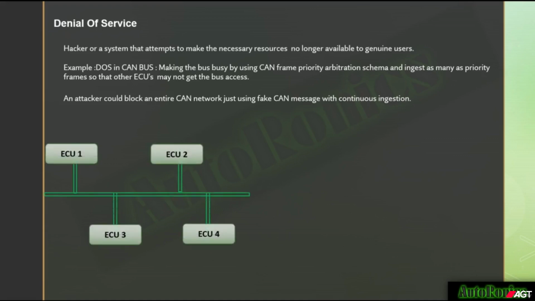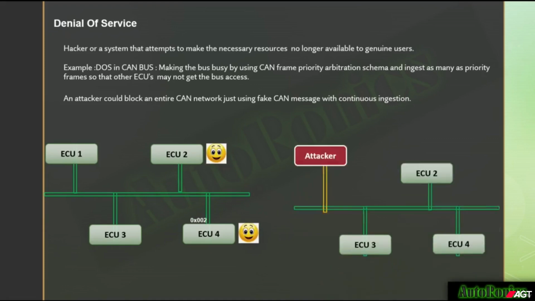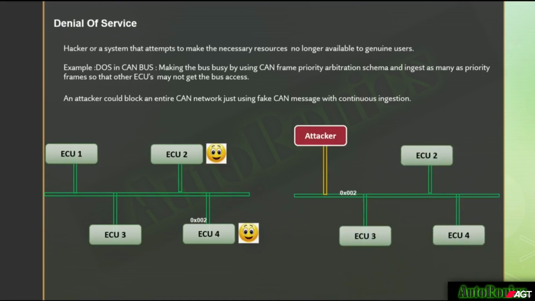So here also, the same architecture of the vehicle is present, and the same message is being sent at a regular interval, so that ECU 2 and ECU 4 are happy because they are the subscribers of the message. Now in this case, the attacker has started sending the messages multiple times.